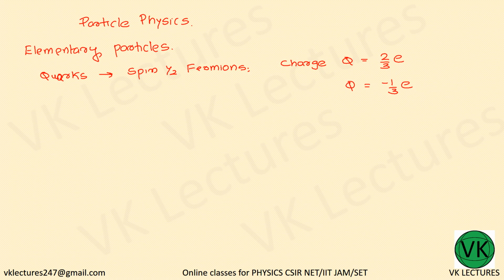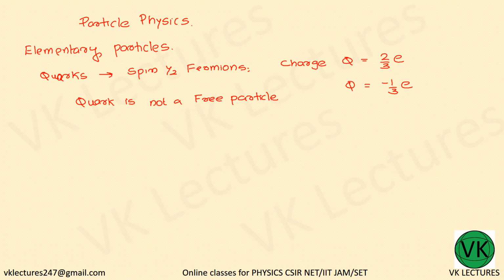Now one important thing that you need to remember is quark is not a free particle, so due to this reason the total charge cannot be fractions. This is against the law of charge.